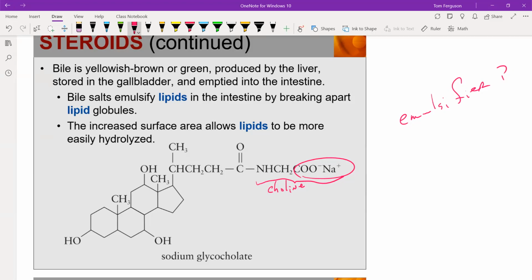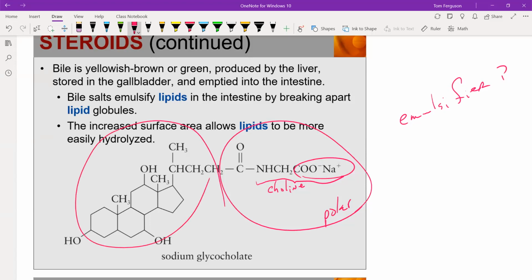Well, nonpolar, polar parts. So that's the polar part, especially with these ions there, very polar, and nonpolar. So yes.